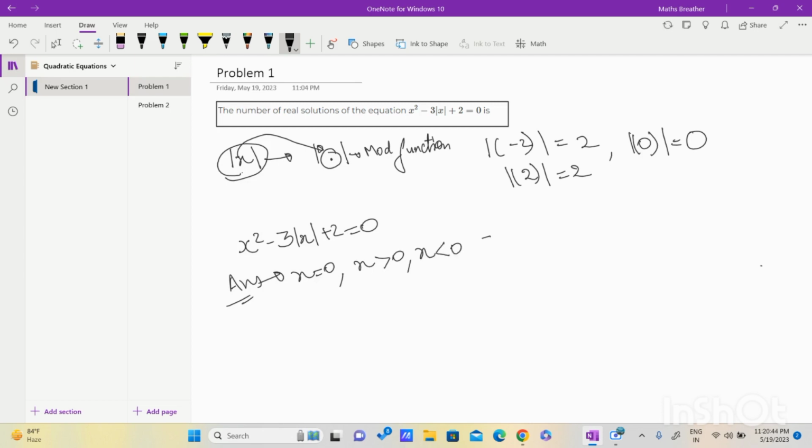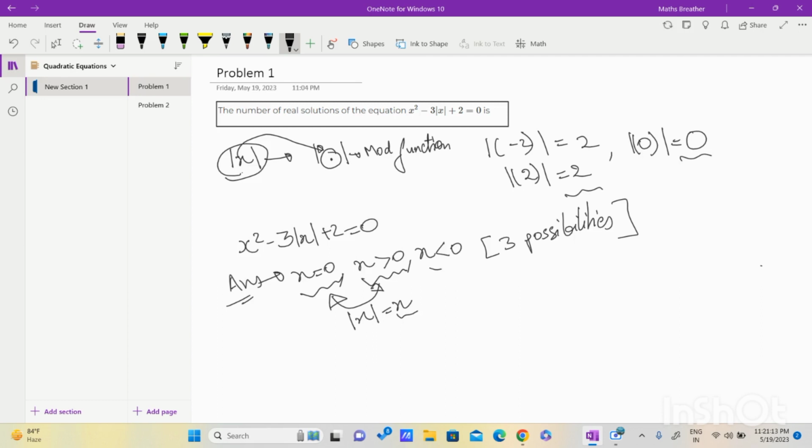There are only three possibilities. If x equals 0 or x is greater than 0, the mod function returns x itself. That is, if you pass a positive or a zero number inside a mod function, it gives you the number itself, as we have seen.